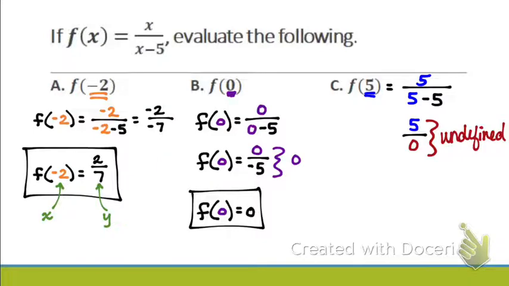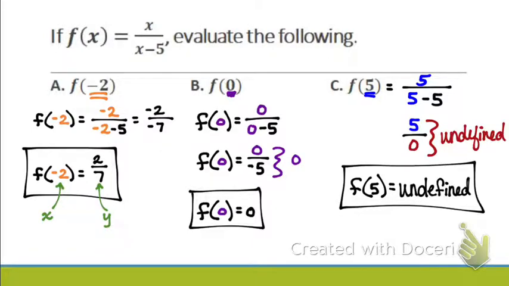So f of 5 is undefined. What does that mean about the graph then? It does not touch that point. Since this is a rational function, specifically, it would mean that there is a hole at that point.